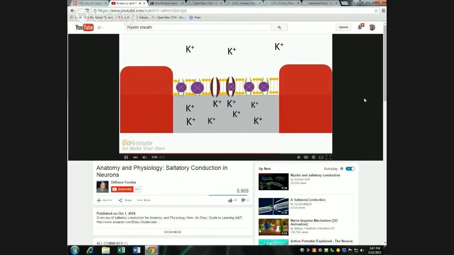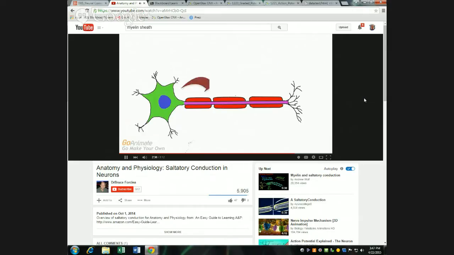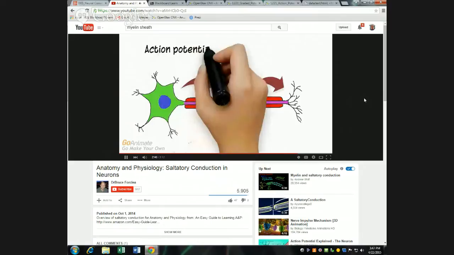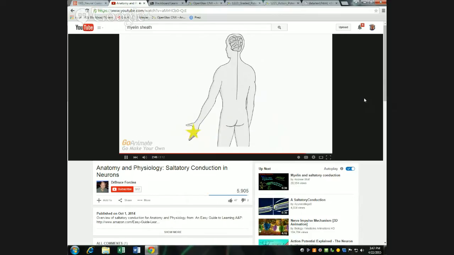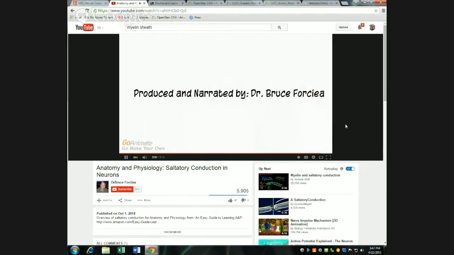Once the voltage reaches about positive 30 millivolts, the potassium gates take over, and potassium moves out of the axon. This causes the area to repolarize for the next action potential. If you were to observe this mechanism, it would appear that the action potential would jump from node to node. Myelinated axons conduct action potentials much faster than unmyelinated axons. We hope you've learned something about saltatory conduction, and see you next time.